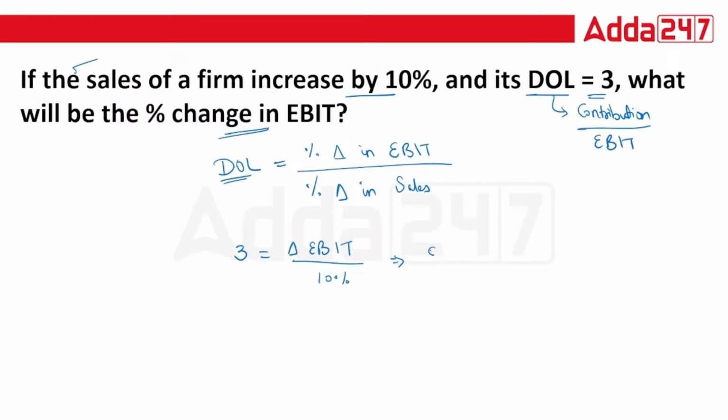So change in EBIT is equal to 3 into 10%, which is equal to 30%. This is your answer.